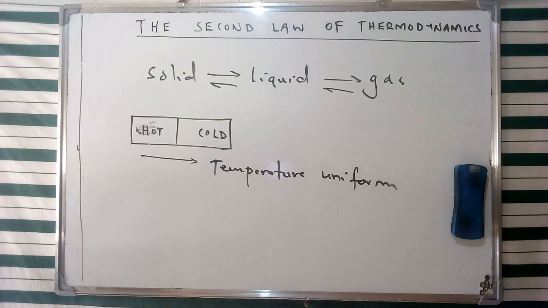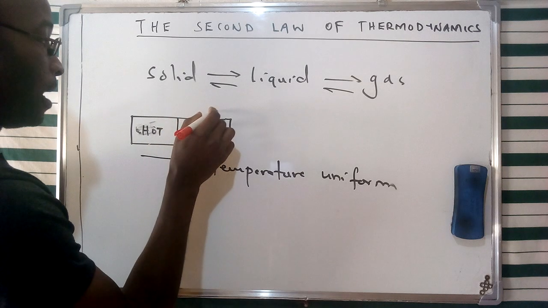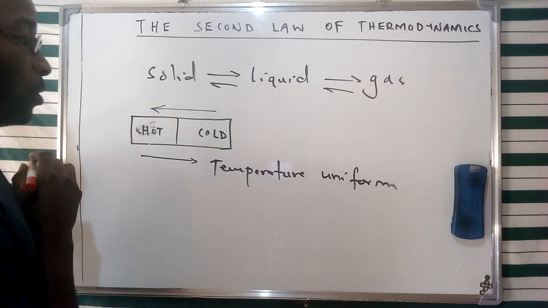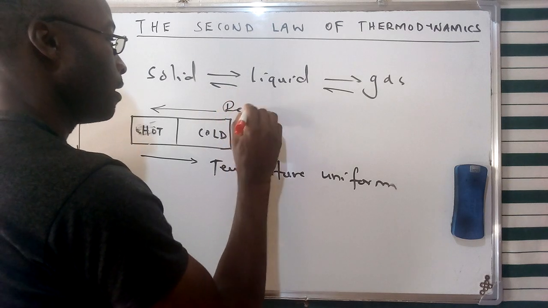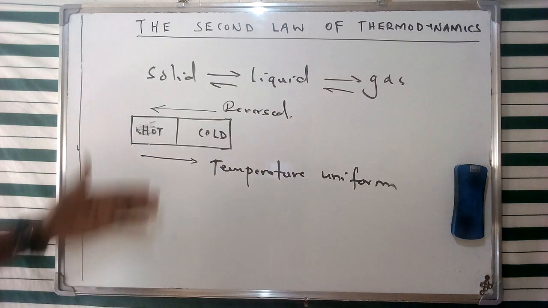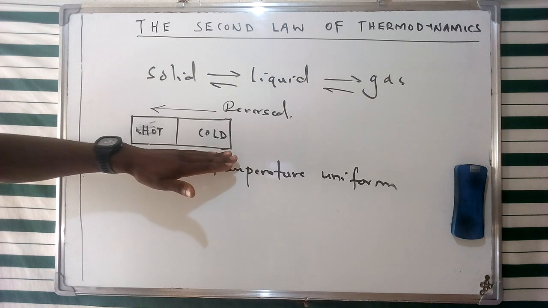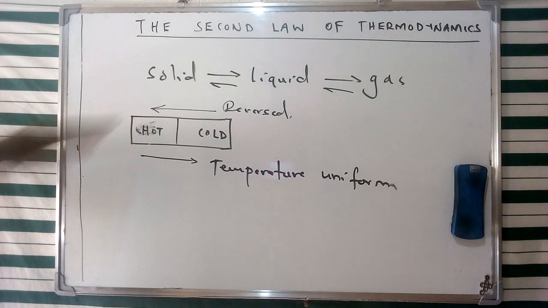And in this particular case, if we were to consider this specific forward process, and if this process was to be reversed, we're going to see that the heat energy that has flown from the hot to the cold region is not going to be obtained in its total amount.